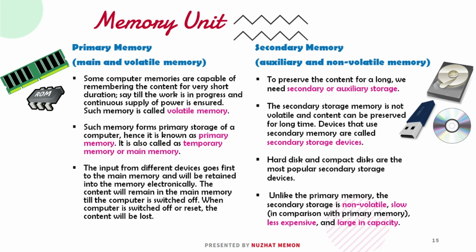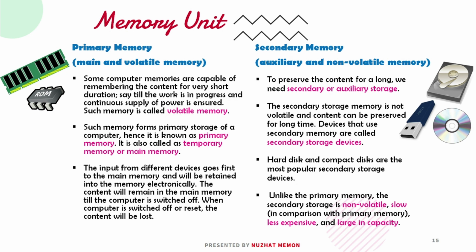Primary memory provides limited space only, and the data is stored on a temporary basis. But to preserve the content for a long time, we need secondary or auxiliary storage. The secondary storage memory is not volatile and content can be preserved for a long time. Here, non-volatile means it can hold on to its data with or without electric power supply.